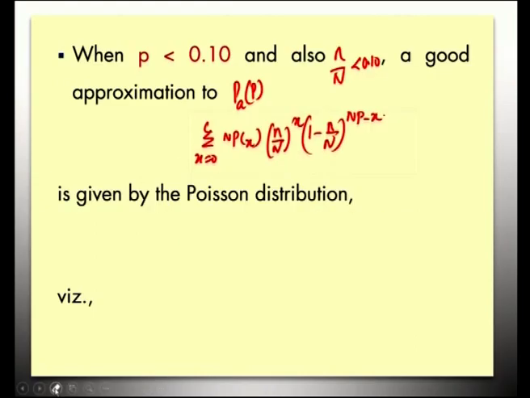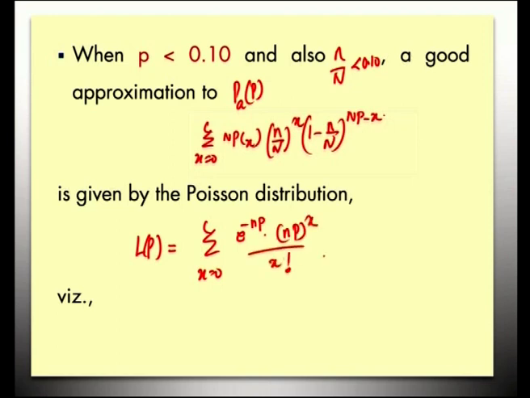Actually, when P is less than 0.10, a good approximation to PA of P just shown is given by the Poisson distribution, with L of P is equal to summation x is equal to 0 to C, e power minus NP, NP power x by x factorial.